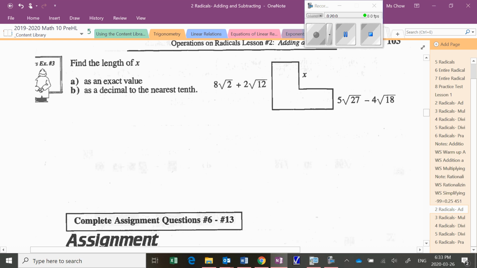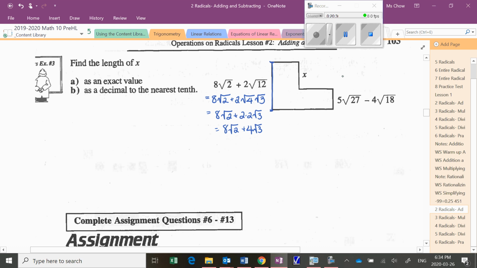So we have 8 root 2 plus 2 root 12, and that root 12 can be further simplified. So 8 root 2 plus 2, and then we're looking at root 4 times root 3, or 8 root 2 plus 2 times 2 root 3, or 8 root 2 plus 4 root 3, and so that is for this full length right here.